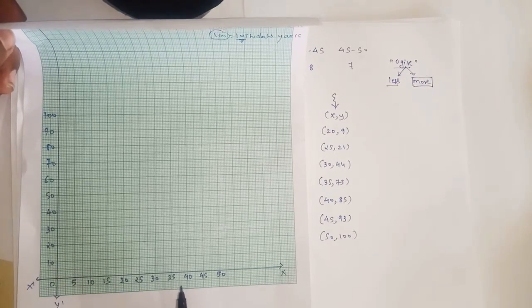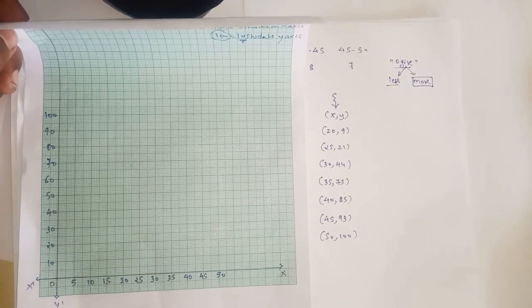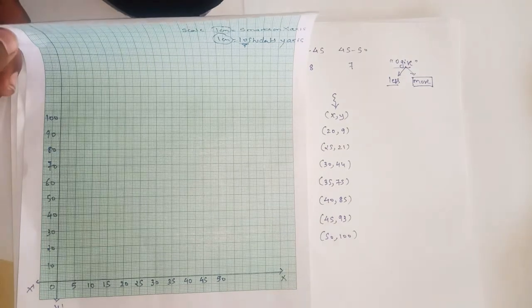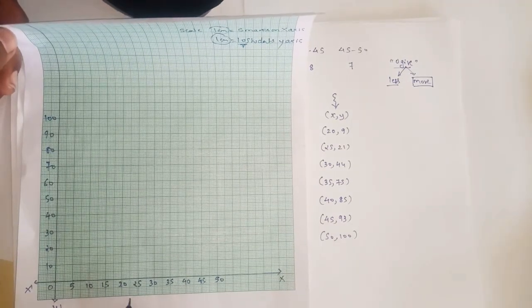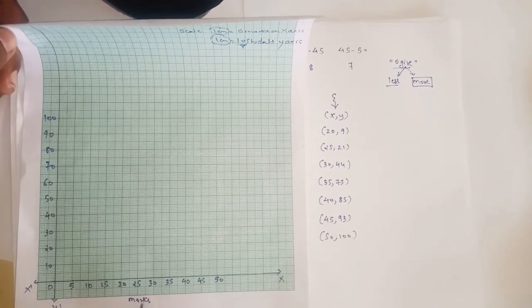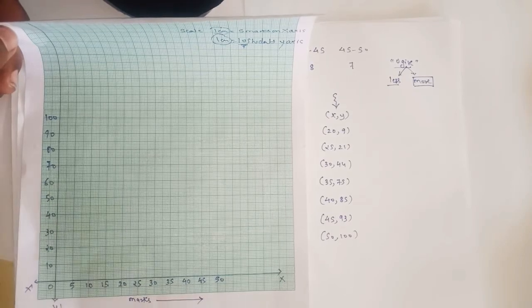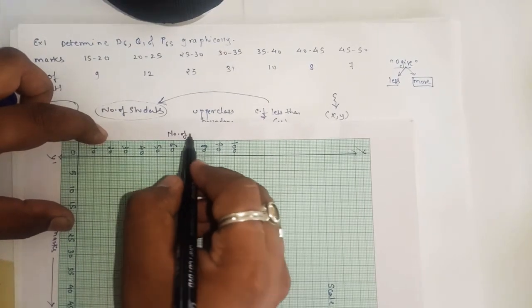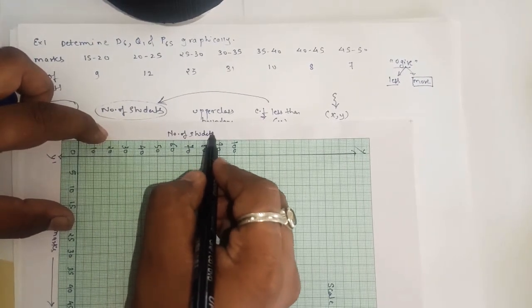centimeter equals 5 on the x-axis. Okay, so now after this, here you will write marks. And this side you will write number of students.